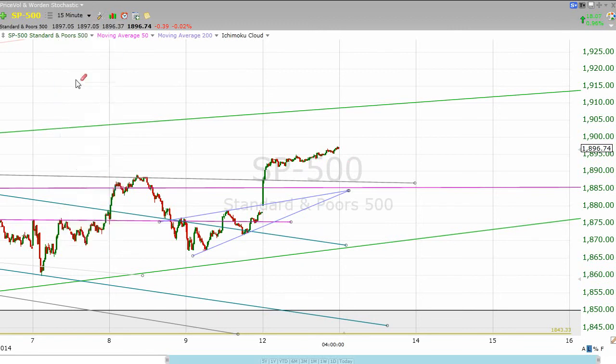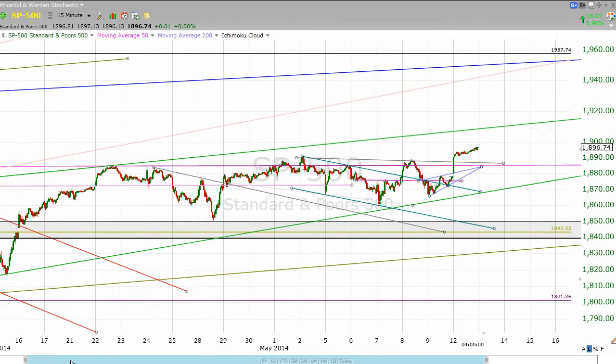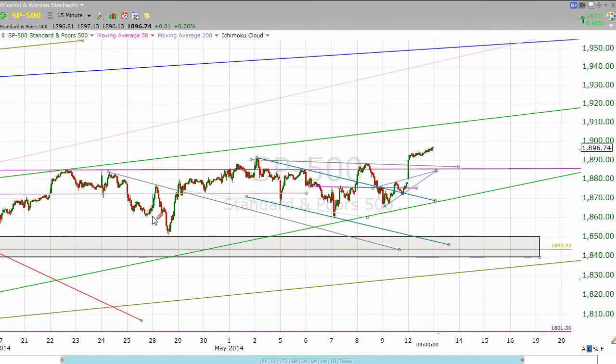So let's look at this and see if there's anything on this chart that looks suspect. All I want to do is draw a couple of additional trend lines. We'll start back here and draw a line over this top right here, which to me looked like almost a short-term anomaly.